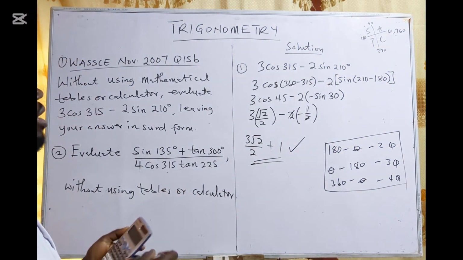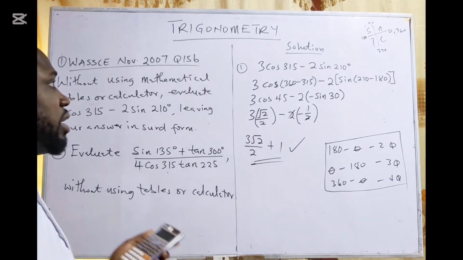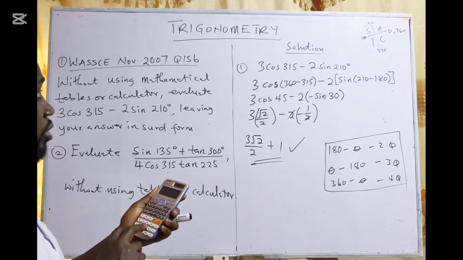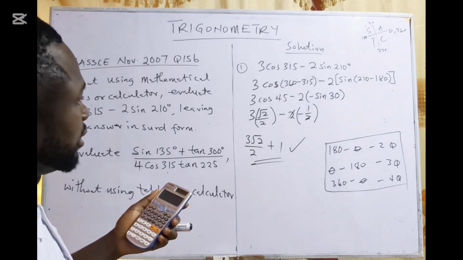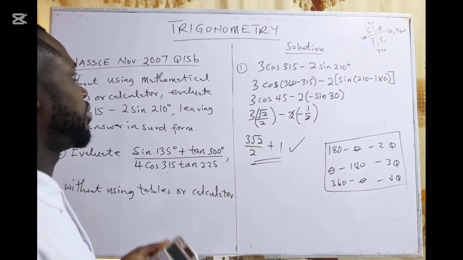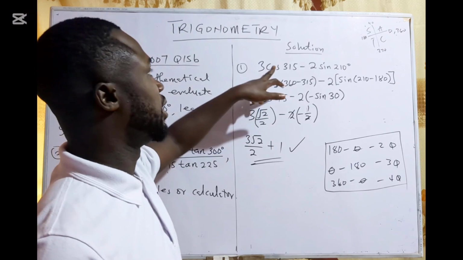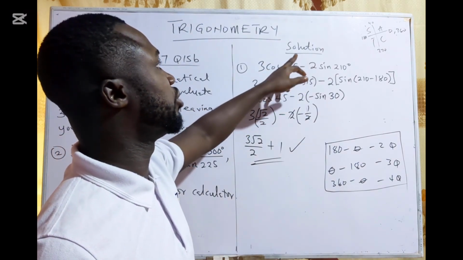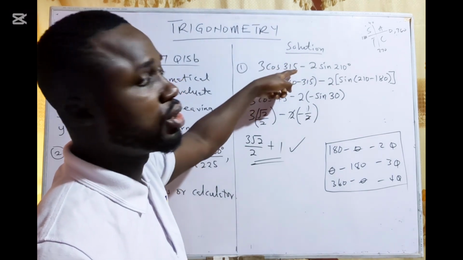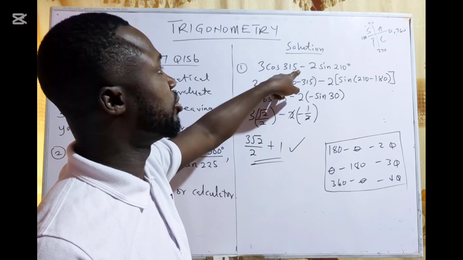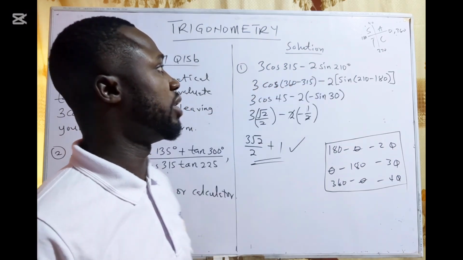When you are done, you can put the answer on the calculator to confirm whether what you have done is correct. So 3, alright, it is correct. Make sure that when you put this on the calculator, it opens the bracket for the angle for you, so make sure to close it. If you press 3 cos 315, you close the bracket before you come to minus 2 sine 210.